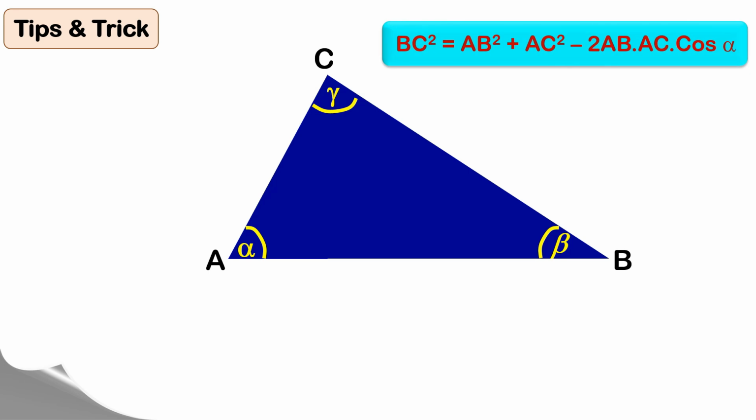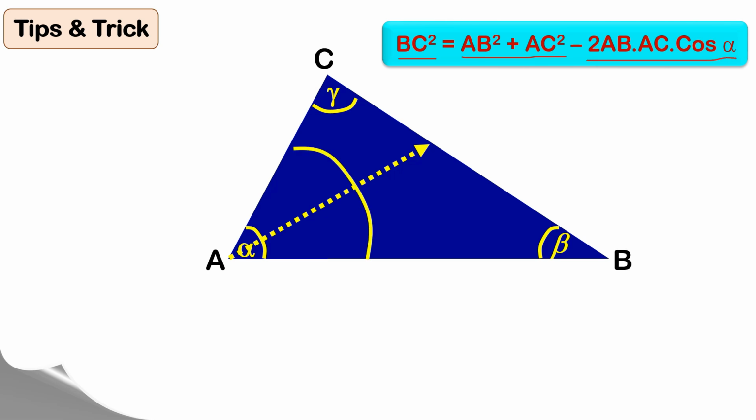From angle alpha, the formula begins with BC, which is located opposite angle alpha, followed by the two sides that flank angle alpha, then minus 2 times the product of those sides and cos alpha.